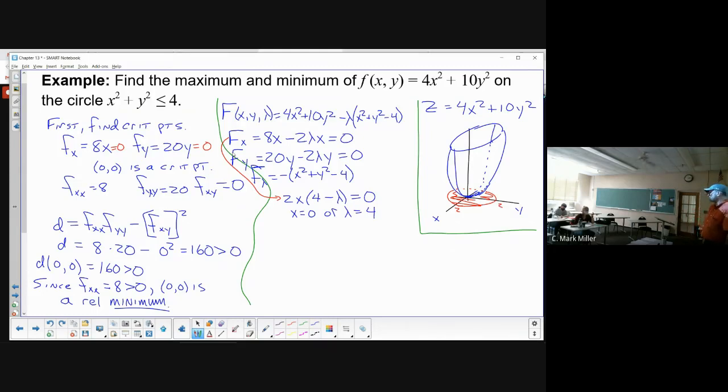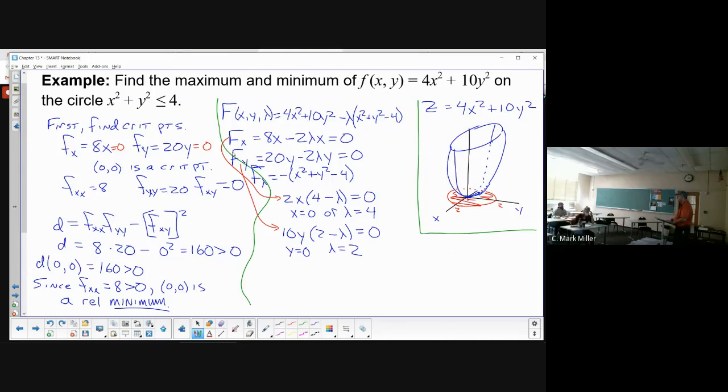We haven't had that come up before. Well, from Fy, we get 2 minus lambda equals 0, so y equals 0 or lambda equals 2.